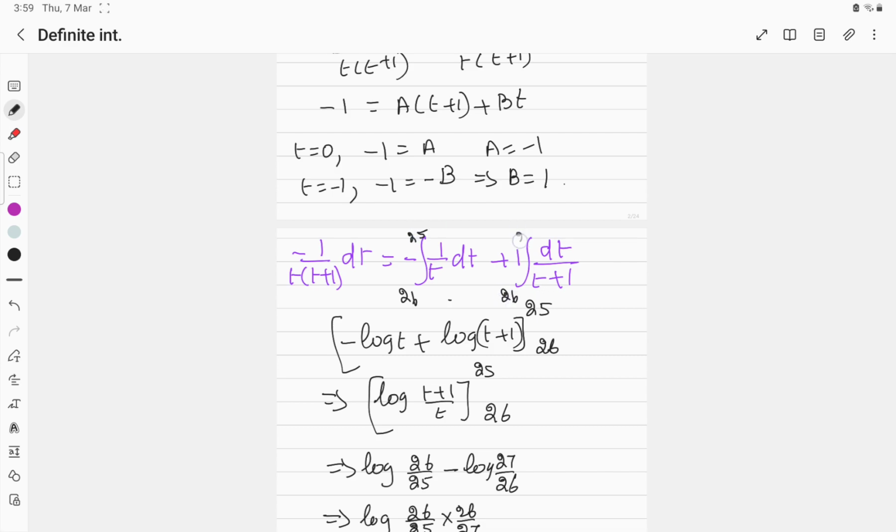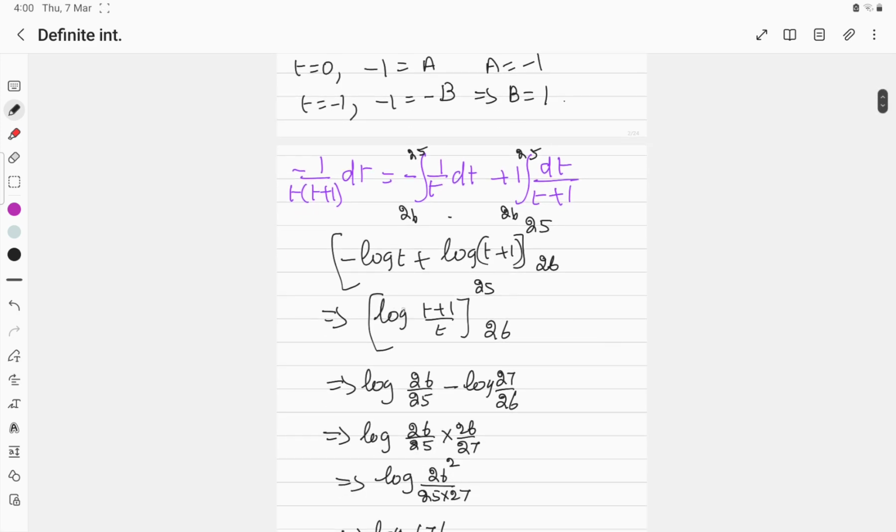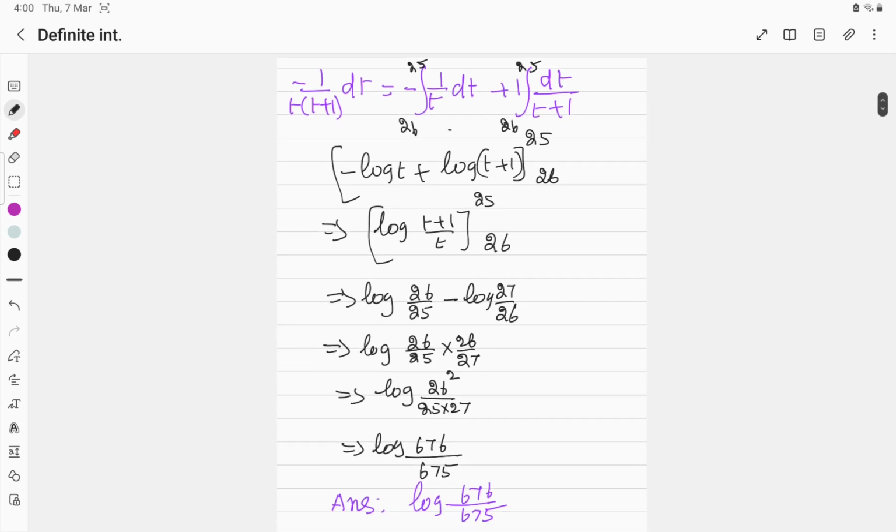Limit 26 to 25. 1 by t dt is equal to minus log t. Here minus is there, therefore it becomes minus log t, and this becomes log t plus 1. Then log of t plus 1 by t, upper limit minus lower limit. First upper limit minus lower limit.